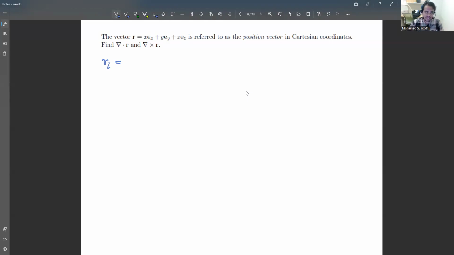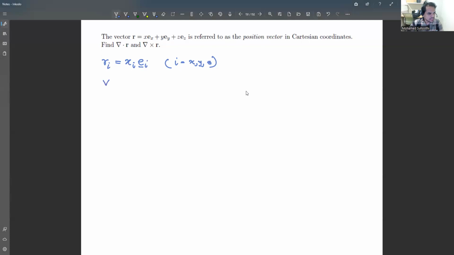So this is the vector. First I am going to write this vector. This is xi ei. Here, instead of 1, 2, 3, in this case it is x, y, z, that's what I have assumed here. Again I'm going to use the same index notation.